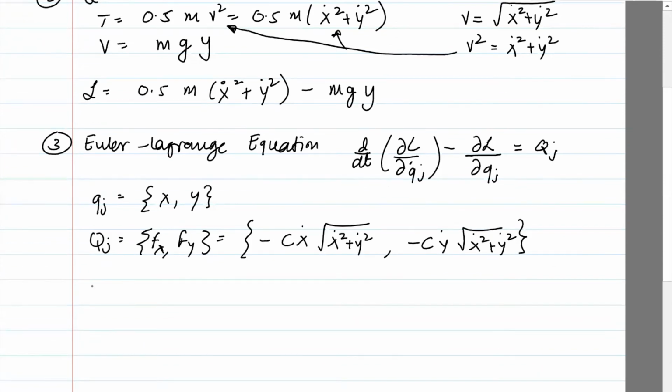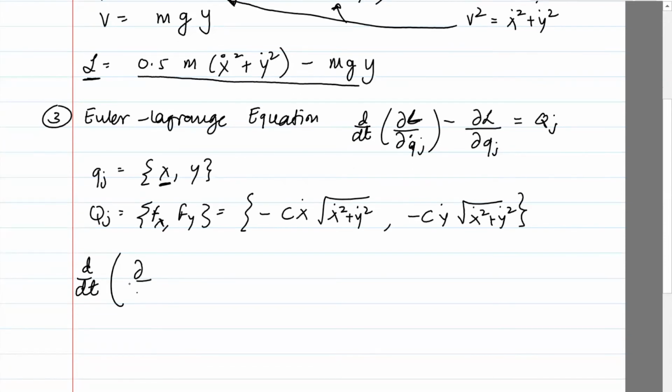Okay, so let's start computing the Euler-Lagrange equations. So I need to take the derivative of L with respect to q_j. So the first one is x. So I'm going to do the derivative of the Lagrangian, which is this term, with respect to ẋ, because I need to find the derivative with respect to q̇. I'm just going to write it down here.